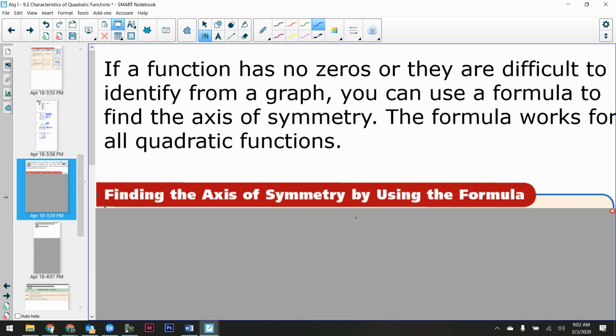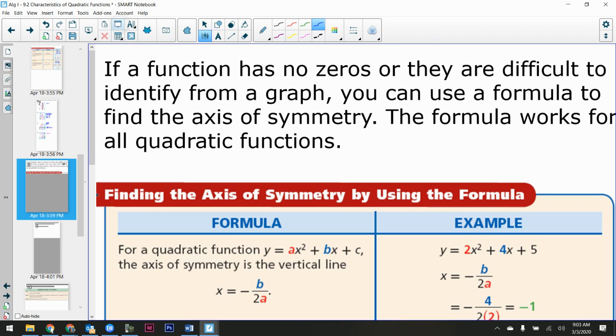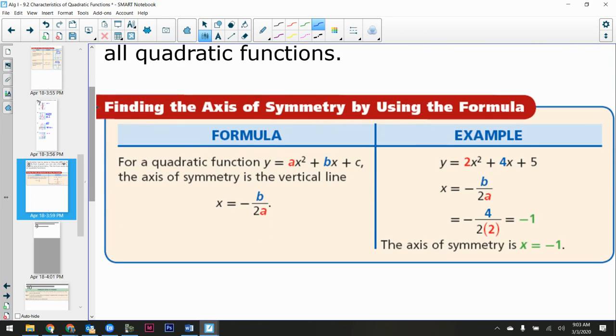Another key piece here using the axis of symmetry. What if we're not given a graph? What if we're only given the equation and asked to find the axis of symmetry? Well, then life gets a little bit more difficult. Here is the equation of the axis of symmetry. Folks, start committing that one to memory.